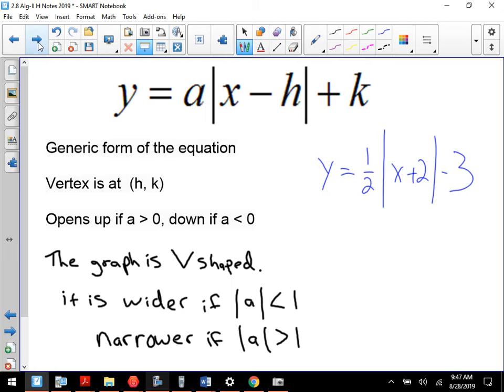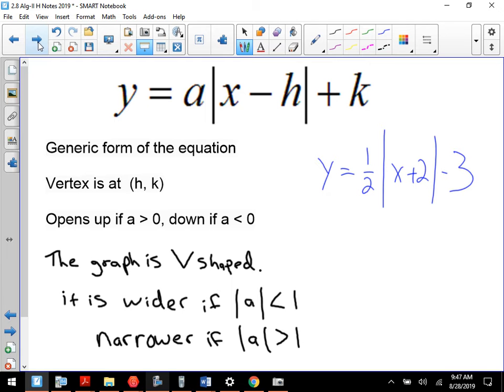So every graph that we deal with, whether it is absolute value, which is linear, eventually we're going to look at quadratic stuff, which is a little bit different. We'll eventually get to logarithm stuff, H's and K's.